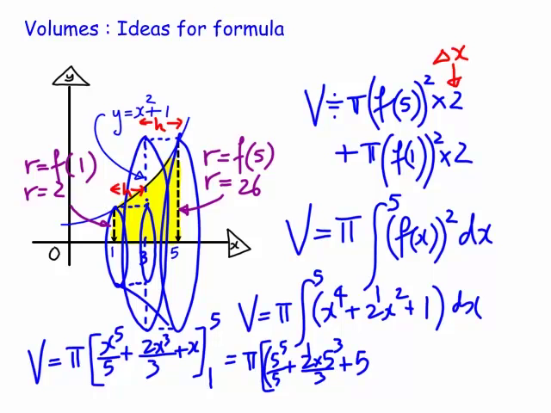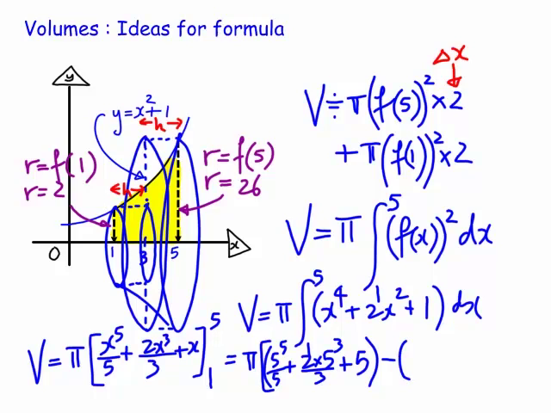Now I'll put that in brackets. So we've fed the primitive function of x to the power 4 plus 2x squared plus 1, which you can see here is x to the 5 over 5 plus 2x cubed over 3 plus x, the 5. Now we have to feed it the 1.